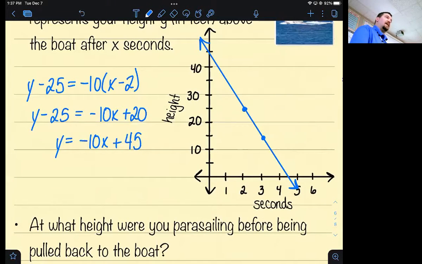I don't know if I like that. I don't know if in 4.5 seconds I want to fall 45 feet from the air. Like, pull me in a little slower than that, right? 10 feet a second. I feel like I could fall 10 feet per second without anybody's help, right? I could climb to the top of the basketball goal, which is what I think of when I think of 10 feet. In 1 second, I'm on the ground without anybody pulling me in.